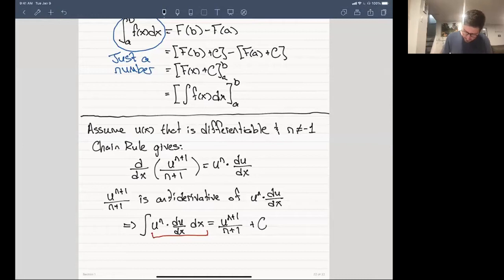And this tells us, if we were just integrating with respect to u here, instead of with respect to x, we would get the same answer. Right? So this suggests that we can do a little bit of substitution in here.